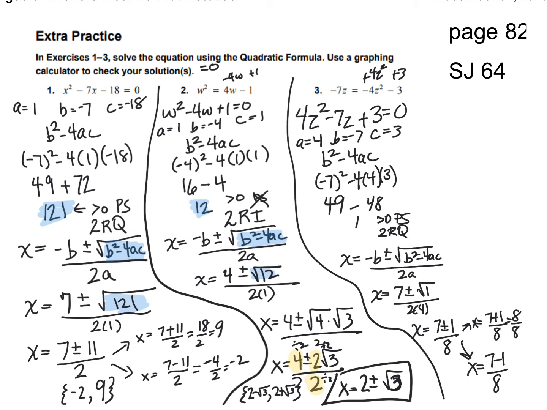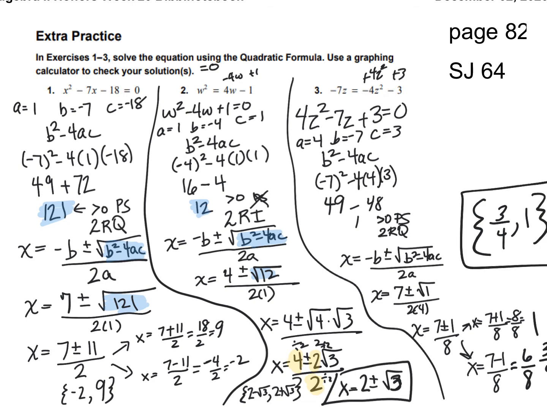So 8 divided by 8 is going to be 1, and then 6 divided by 8 is going to be 3/4. I have 3/4 and 1 as my solutions.